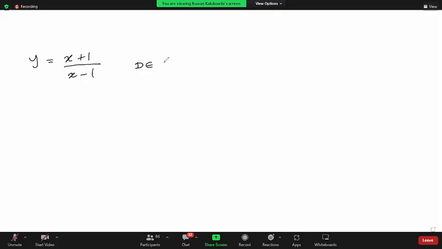You can apply real numbers, but without 1. Because when you apply 1 here, you can see the denominator goes to 0. As well, the numerator will not go to 0, so you cannot simplify this function.